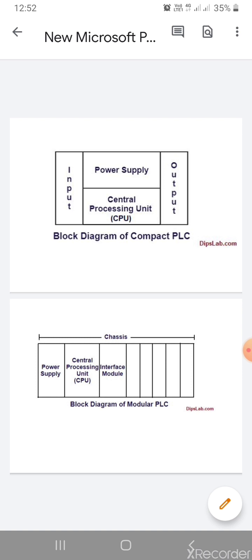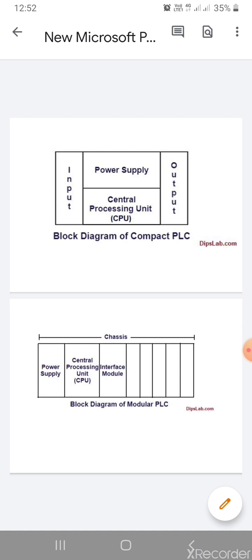Considering the input and output capabilities, in the compact PLC the number of inputs and outputs are fixed because they are decided by the manufacturer and not by the user, as explained earlier, whereas in the modular PLC the number of inputs and outputs are not fixed. Inputs and outputs can be added to modular PLC systems by the user.